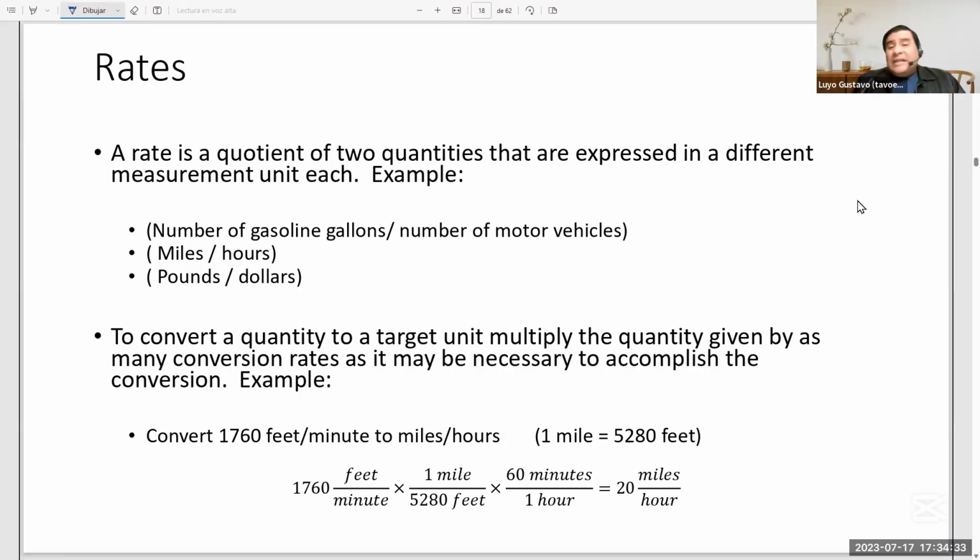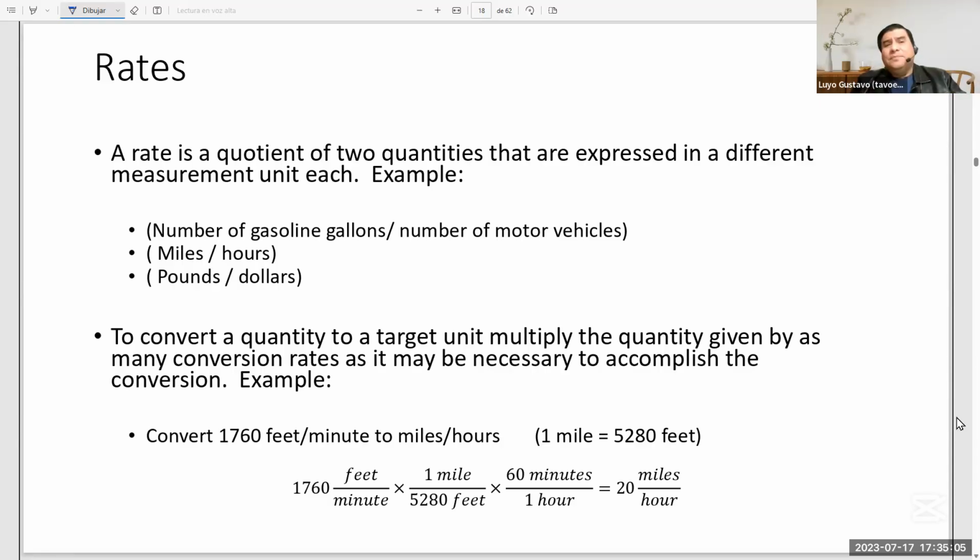So rates appear in a number of situations in the SAT. Usually, the questions about rates involve actually rate conversion. That is, from one initial quantity, we want to know how this quantity in some specific units is connected to another quantity in another unit.